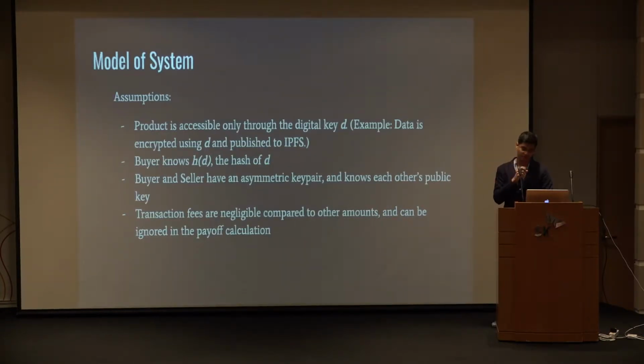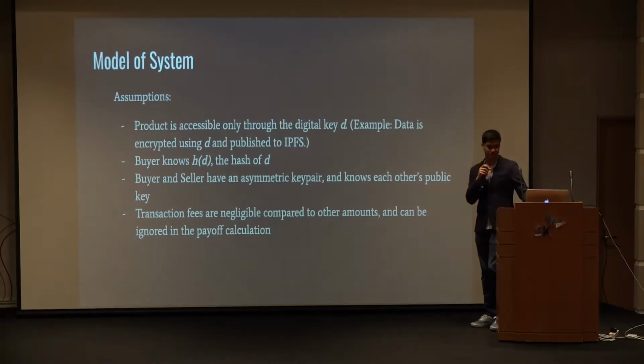Okay, so let's look at some of the assumptions that we made. We assume that the product is just some set of bits, maybe a digital key denoted by D. You can think of this as you're trying to sell data and you encrypt this data, the key is D, and you put this on IPFS.